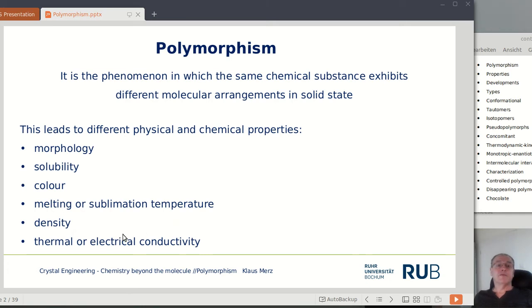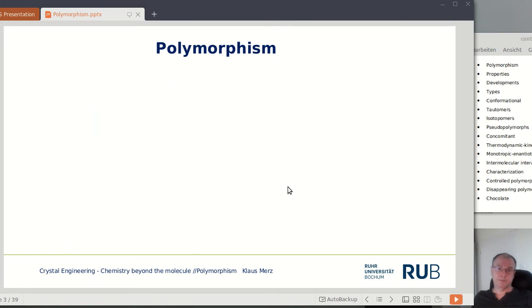And physical properties important for application, thermal or electrical conductivity, and so on. These are only some properties which are related to a molecular arrangement, not to a molecular structure. And you see, this is important. It makes sense to think about polymorphism.